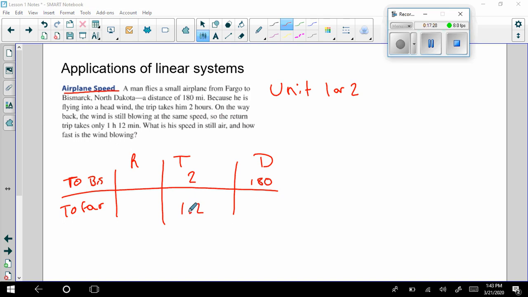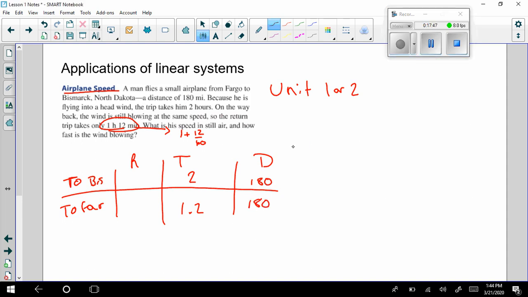Which is 1.2. If you're wondering where I got that, I took 1 plus 12 divided by 60. And how fast the wind was blowing. So the distance is the same.